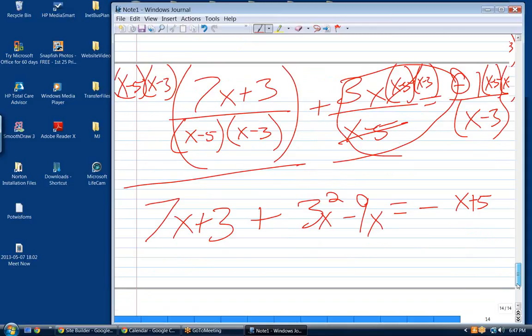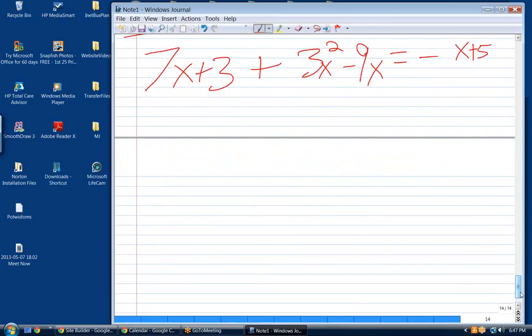I can attempt to solve this. What is this kind of an equation? How am I going to solve it? Is it a linear equation or a quadratic equation? Quadratic? Yes. And the way we solve quadratic equations is we put everything on the left side and 0 on the right.